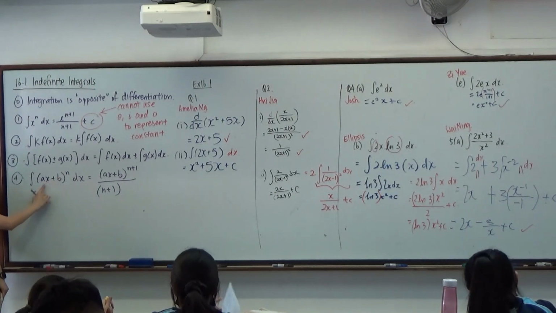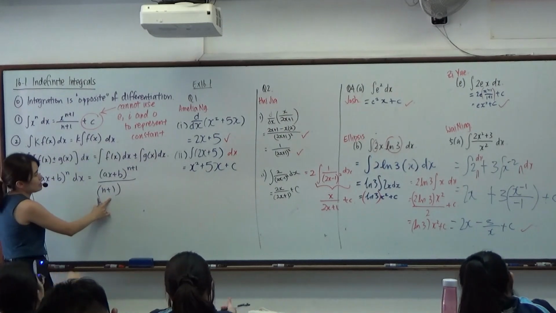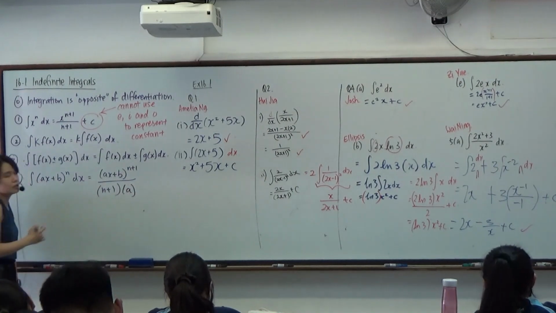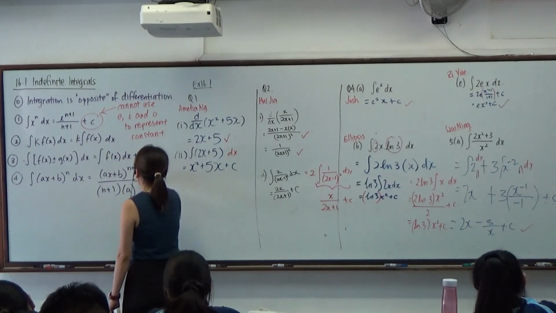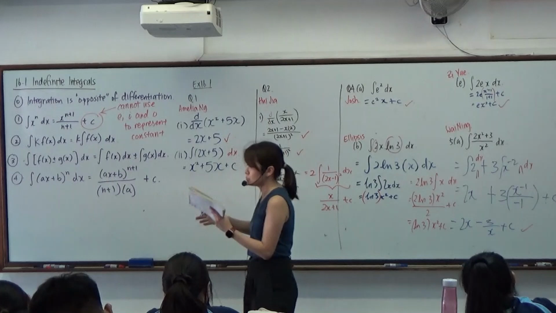We differentiate the ax plus b where we take out the a. So in our integration, we must also divide away the a. So it will become plus c.